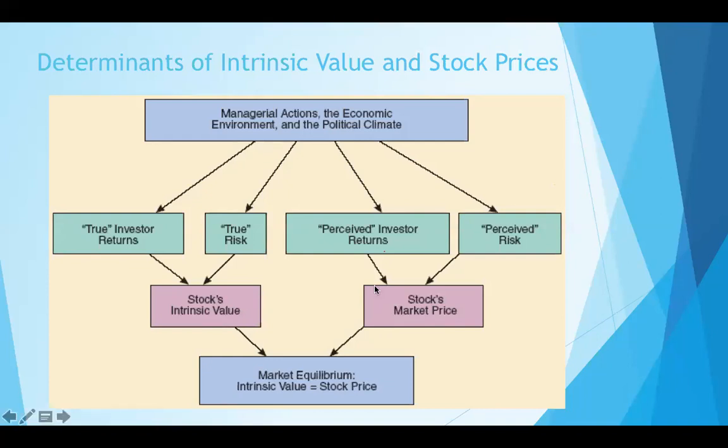If there's an excess demand, then the price will increase until the market price equals the intrinsic value. So if the market is efficient, all available information should be incorporated in price. Therefore, the intrinsic value should be equal to the market price.